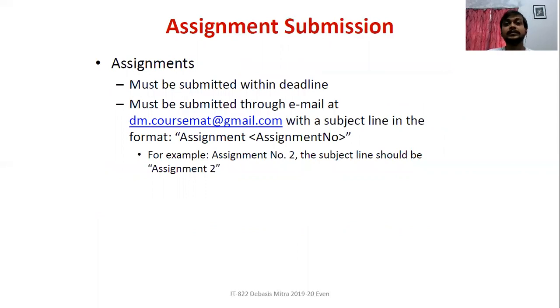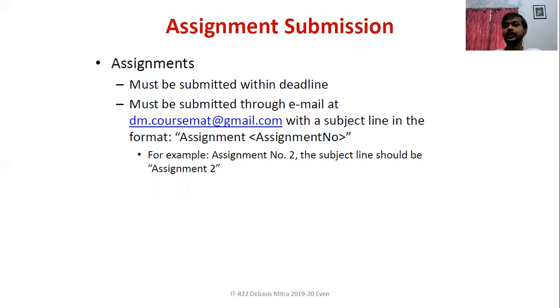Now, a little bit of administrative stuff for this course. There will be a few assignments in different lectures, and there will be deadlines associated with them. All assignments must be submitted through email to the particular email given, and in the subject line you should write "assignment" followed by the assignment number.